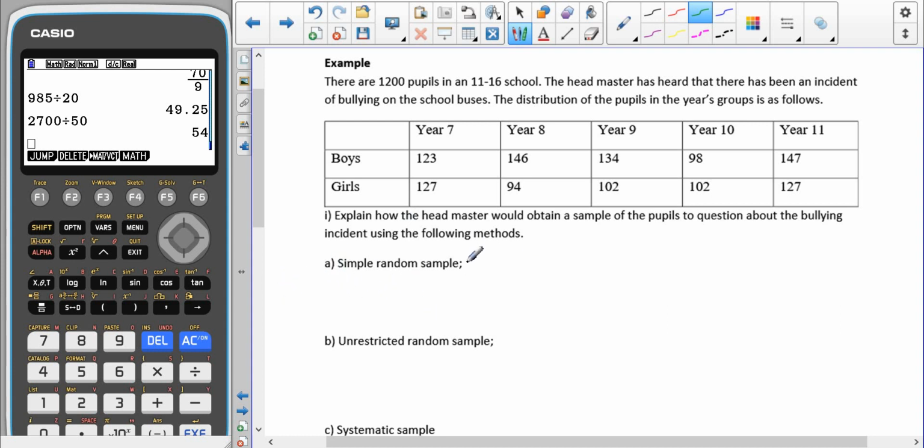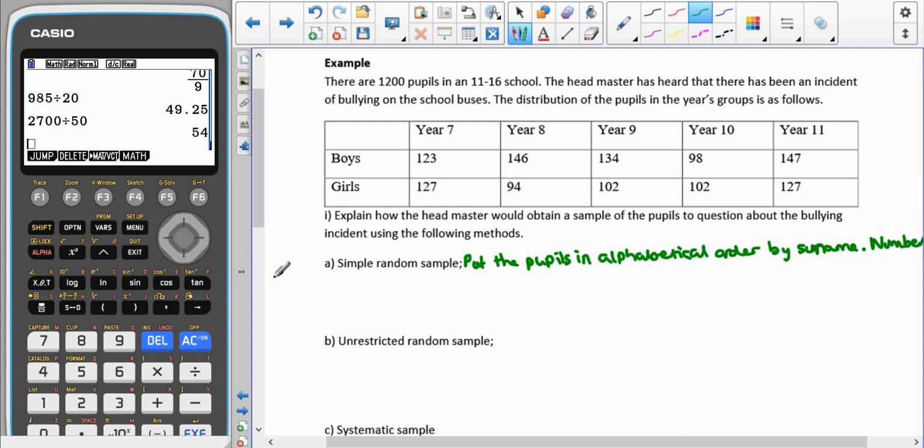So for a simple random sample, we're first going to put the pupils in alphabetical order by surname. We're then going to number them from 0001 to 1200.